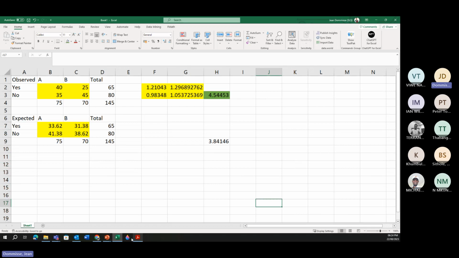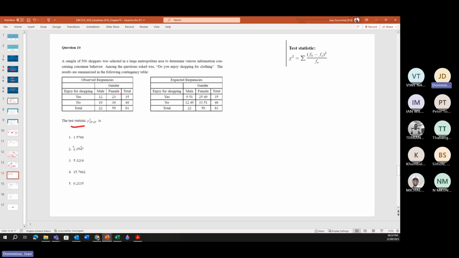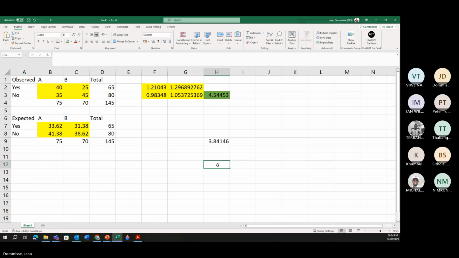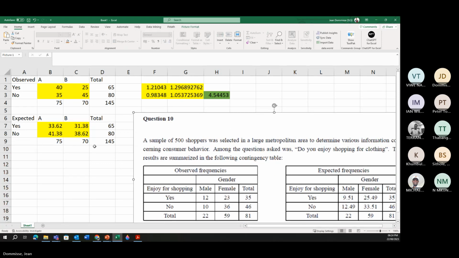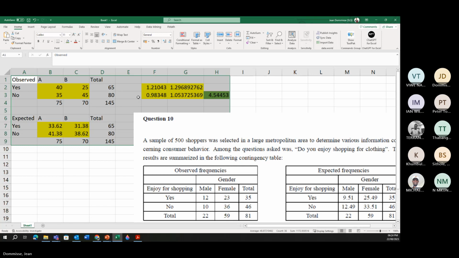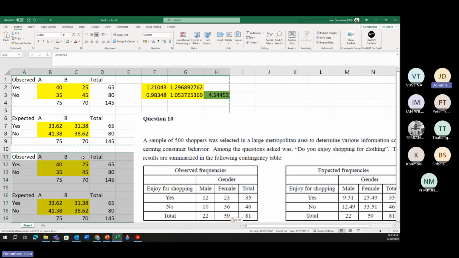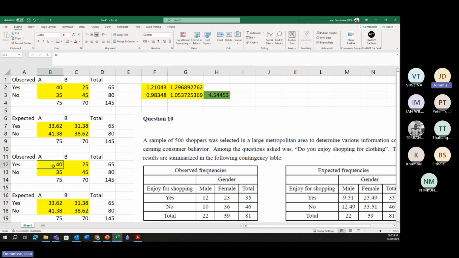Okay, hopefully this now works. I'm just going to copy this over and see if it works in this. So things now change. We say male, female, and then yes, no, it's all the same there.